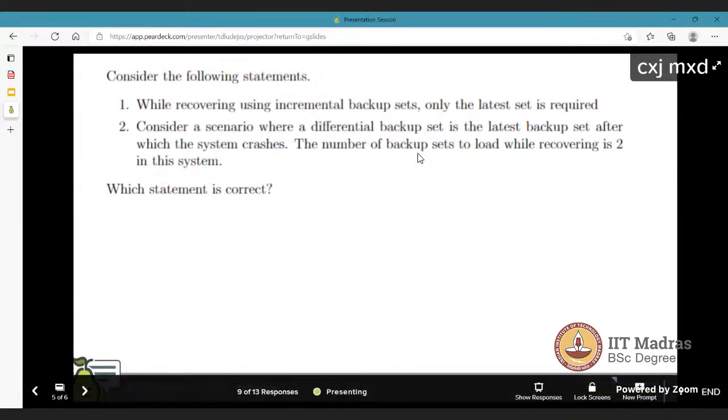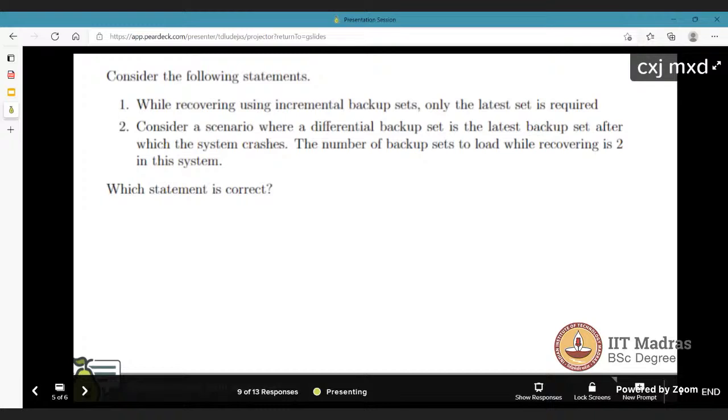Latest set can be incremental, it can be full, it can be differential also, right? How come it could be latest? Latest means the last one, the newest backup. Yes, the newest one.